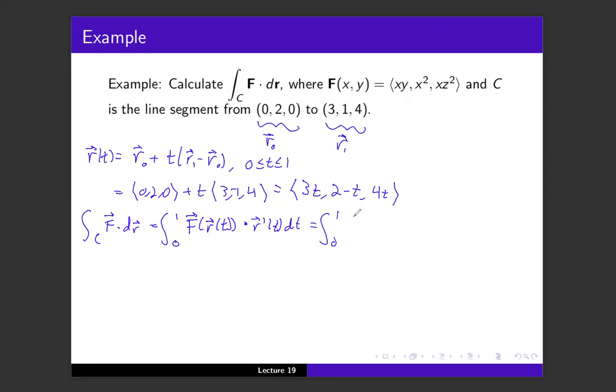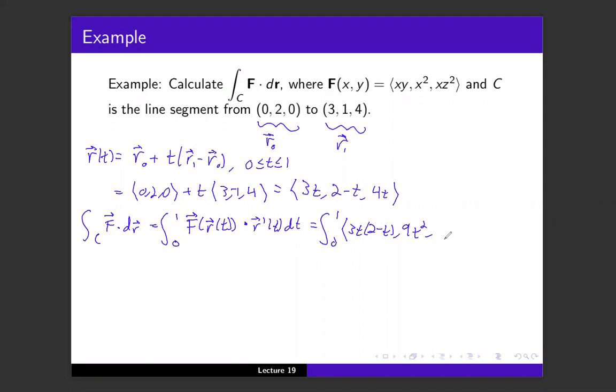Integral from 0 to 1 of, here we go, F of r of t in this case is what? Well, F of x, y is xy in this case, so 3t times 2 minus t, 9t squared, and 3t times 4t squared, or in other words, 3 times 16.